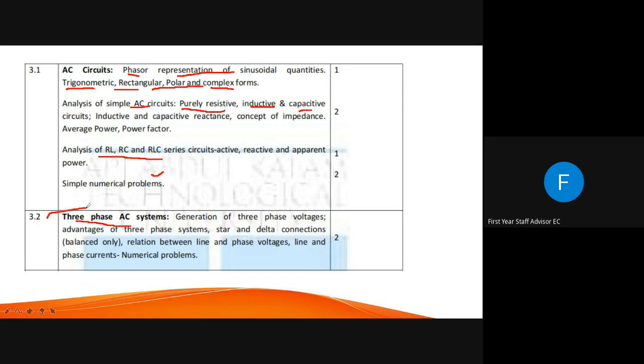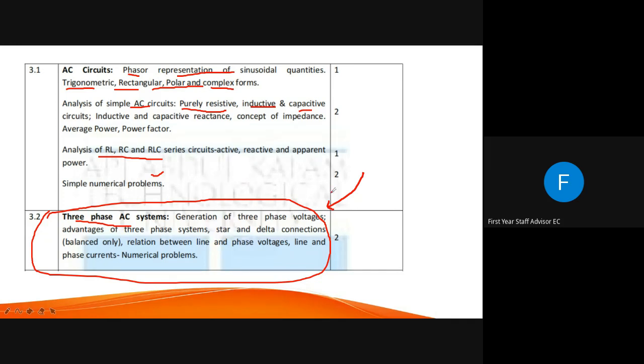This is the most important part of this module. At least one derivation or a problem. There are two derivations, and based on the derivations, you have problems. At least one question will be asked for 10 marks from this topic. That is for sure. So I would say this part of the module is most important, and the other part is also important.